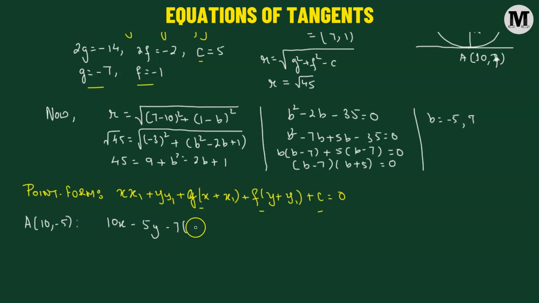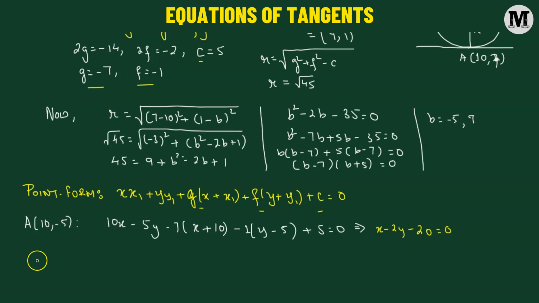So negative 7 multiplied by x plus x1, so that's 10. Then we have f value is negative 1. So we have negative 1 multiplied by y plus y1, y1 will be negative 5, plus c value, so that's 5, equals 0. And when we simplify this equation, we're going to get x minus 2y minus 20 equals 0.